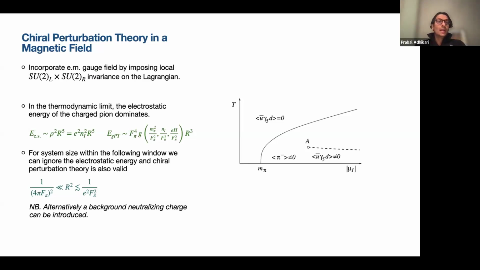In order to do this, one basically upgrades the symmetry of the effective field theory to make it local. The other caveat that one has to think about carefully is to introduce the magnetic field after first entering the superfluid phase. The reason this is important is that if one assumes the magnetic field already exists in the theory, that can be in contradiction with how a superfluid actually behaves in the presence of a magnetic field.